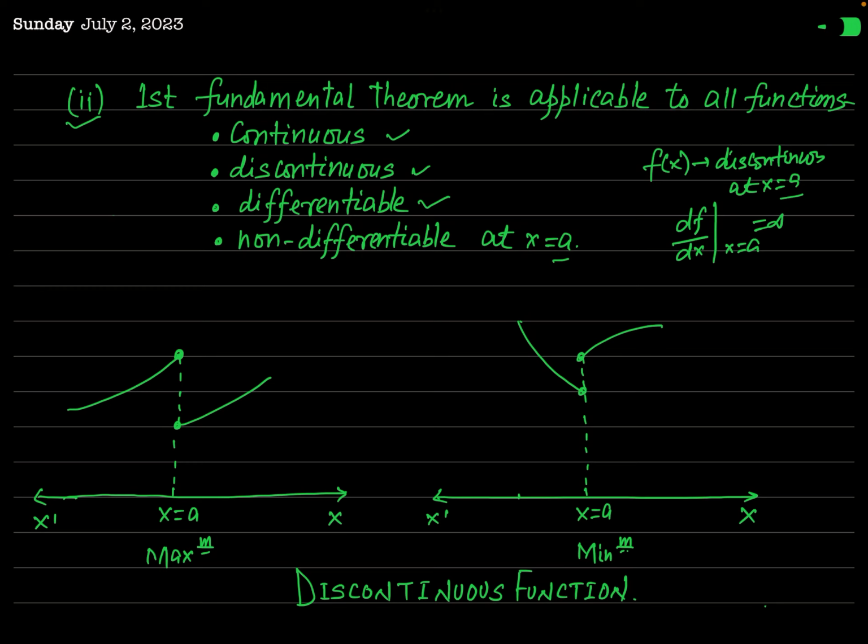But even at that discontinuous point, we can define the local maxima or minima. You can see this figure. Here in the first figure, this is the graphical plot. There is a function, let us say f of x, and this curve represents this function up to this point, let us say P, and corresponding to P, x is equal to a.